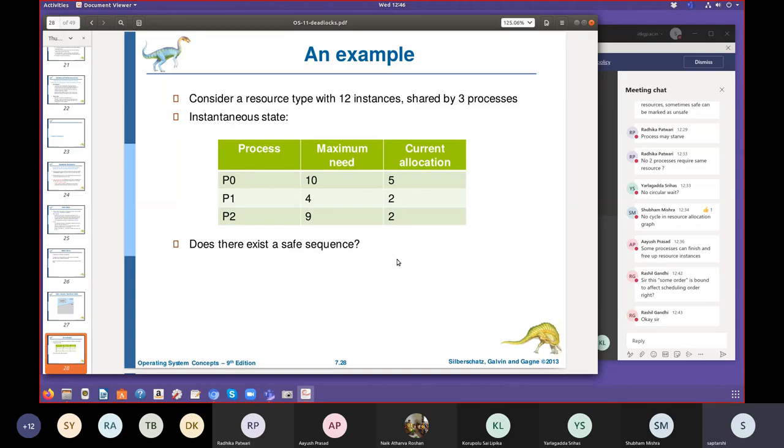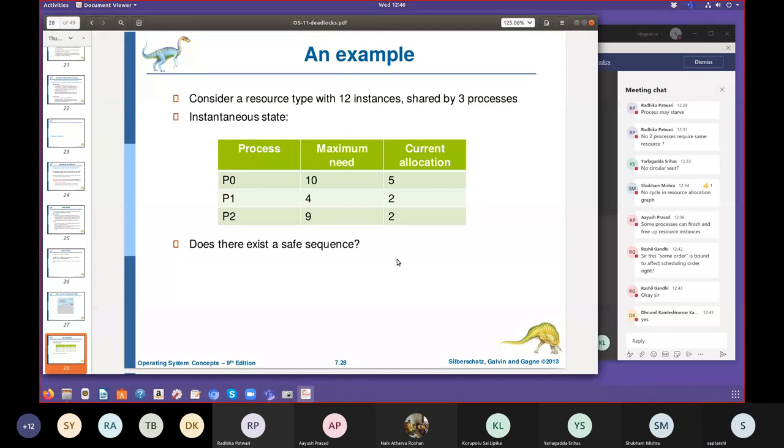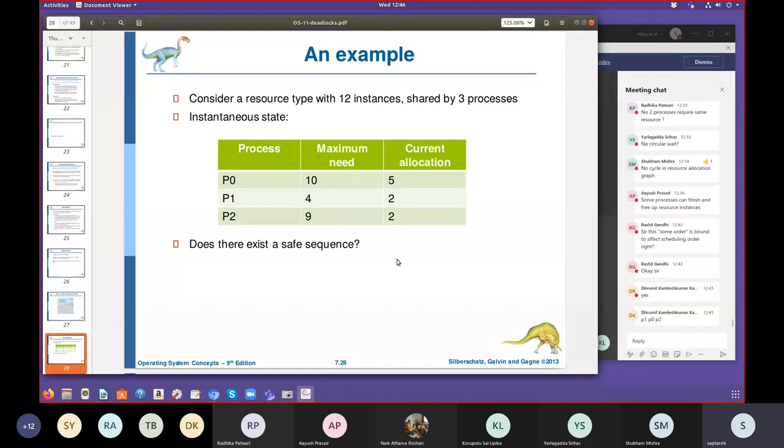Hey, I thought this was easy, right? Any answers? So what is the safe sequence? Yeah, okay, Dhrumil says P1, P0, P2. It seems he is correct because currently 9 instances are allocated.